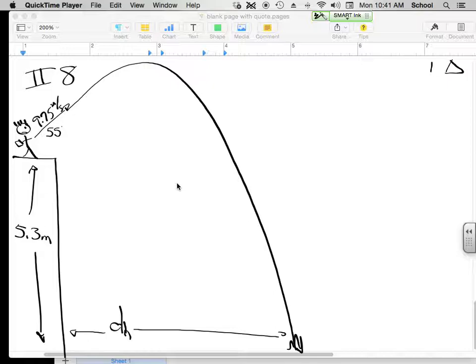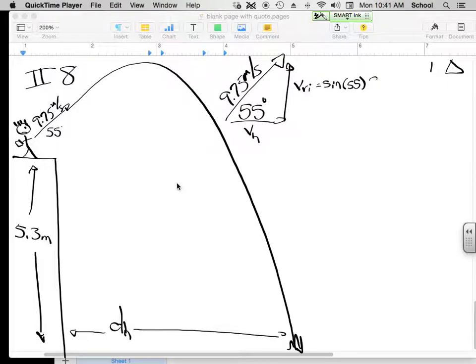make a triangle. So we're going to have this, it's going to go at 55 degrees, this is 9.75 meters per second. And of course, it's going to break into both VVI and into VH. So to find the VVI, this is the opposite side, so we would use sine. So here we're going to take the sine of 55 times the 9.75.